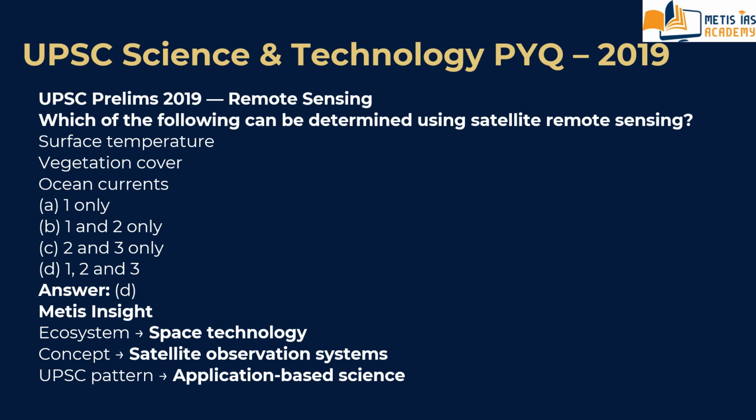Then the 2019 question. Question on remote sensing. Which of the following can be determined using satellite remote sensing? Surface temperature, vegetation cover, ocean currents. Answer is D, all three options. This belongs to space technology, satellites, concept satellite observation systems. What is the UPSC pattern?